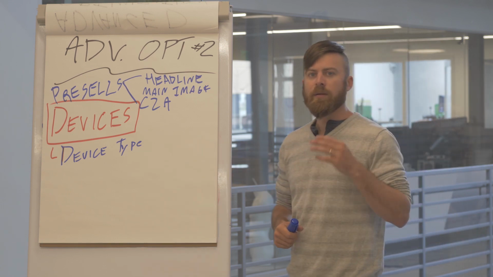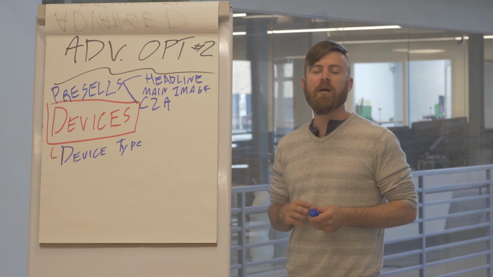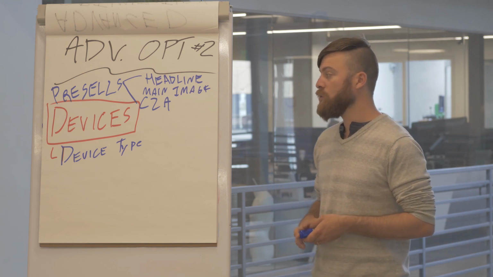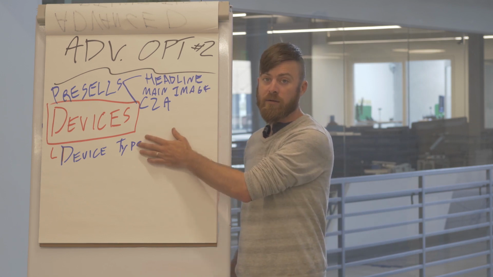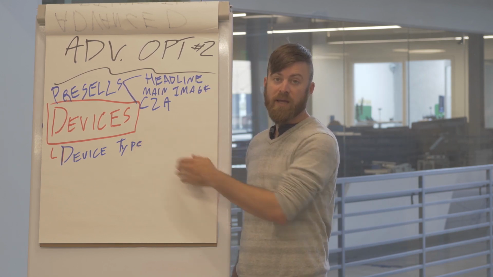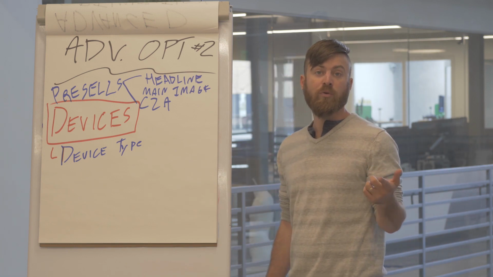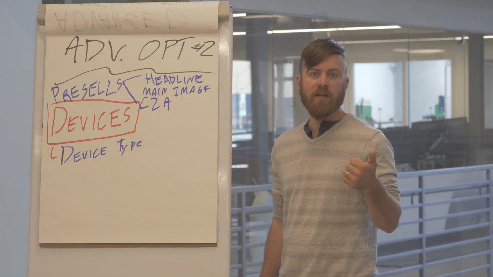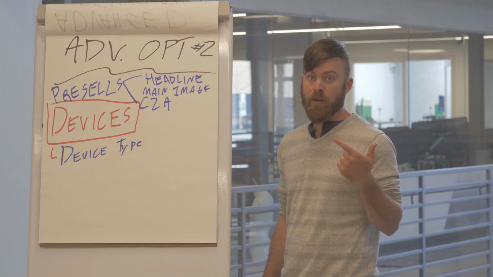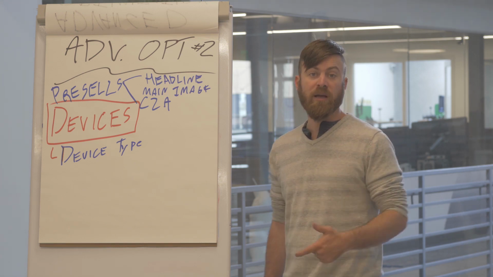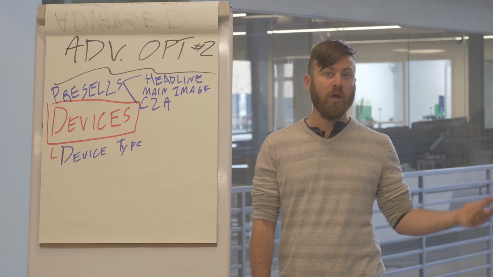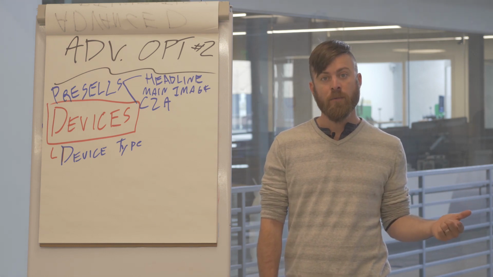So device type, how your ads show on different devices can change. Let's say your pre-sale page or the offer you're advertising are not showing up correctly. They might not show up correctly on a Nokia phone because they're not optimized for low bandwidth connections.